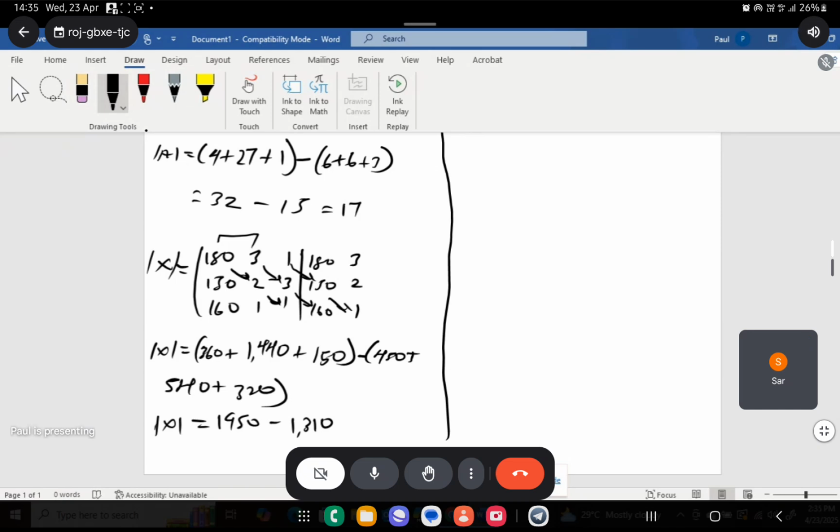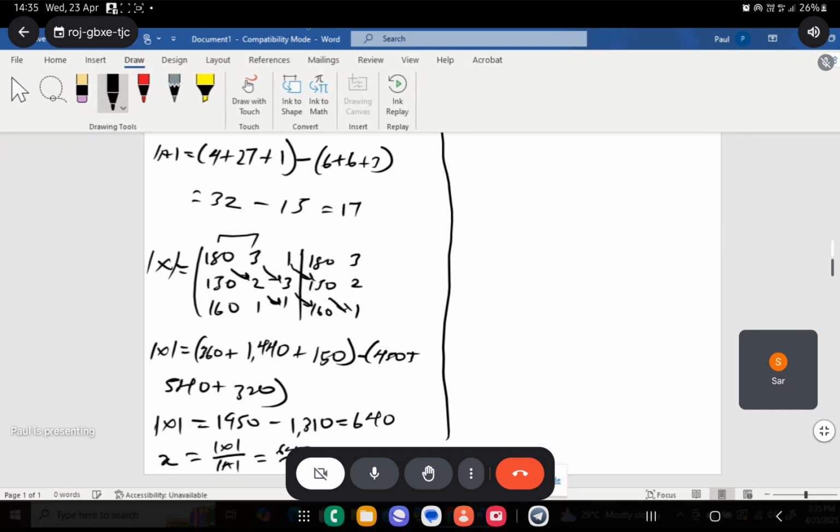So when we subtract the 1310 from the 1950, we get 640. So this 640, we then determine our X value. And X value becomes the determinant of X divided by the determinant of the main matrix. So the determinant of X is 640, and that of the main matrix is what? 17.